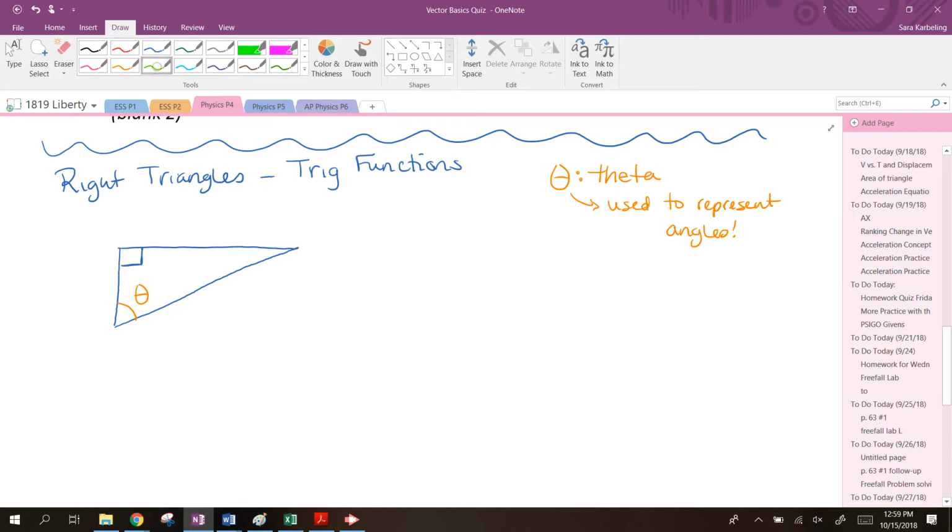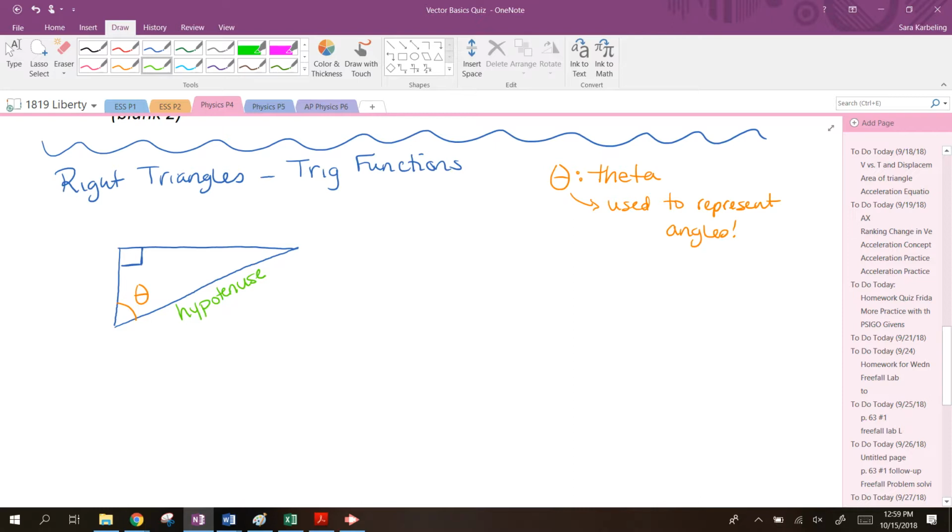Now we're going to label other things on our triangle. So we picked a theta. The long side of our triangle is always the hypotenuse, because it's the long one, right? The other two, when you're doing the Pythagorean theorem, are just A and B, and it doesn't matter which one's which. But once we've picked a theta, now they do. There's one that you go across the triangle to get to.